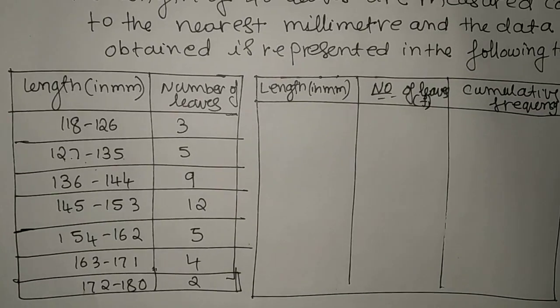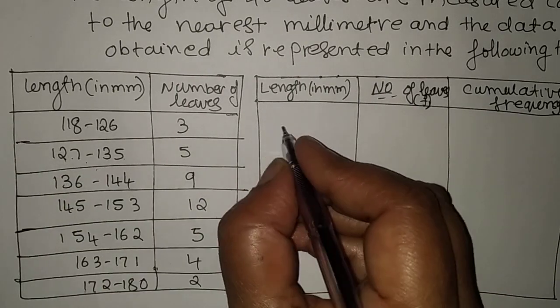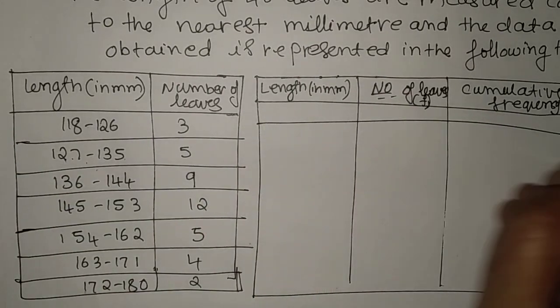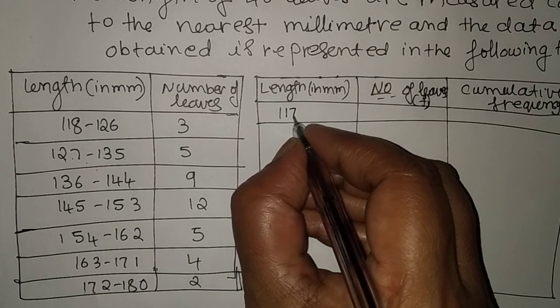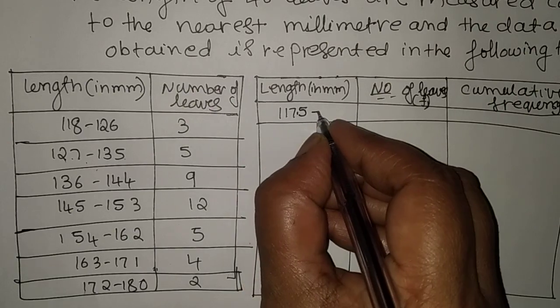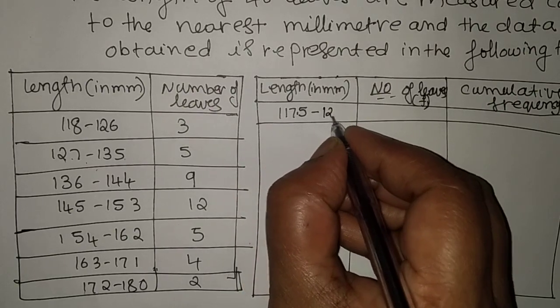Okay, next is take this, we'll consider the same data, little change. So we'll take 117.5 to 126.5.